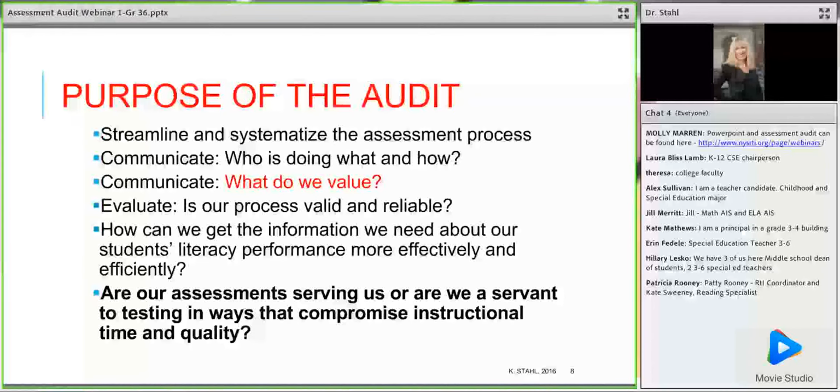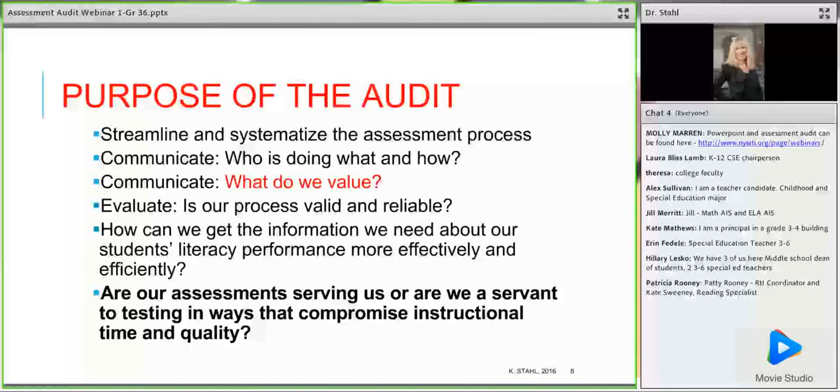As an administrator, we want to open this conversation up, because if teachers are doing assessments behind closed doors, they value it because the assessments that we are currently mandating or that are required somehow or other are not providing our teachers with the complete information that they may need to do their job instructionally. So let's put on the table what teachers are doing and why they are doing them. Not just what they are doing, but why they are invested in doing particular assessments that they are currently doing, for better or worse.